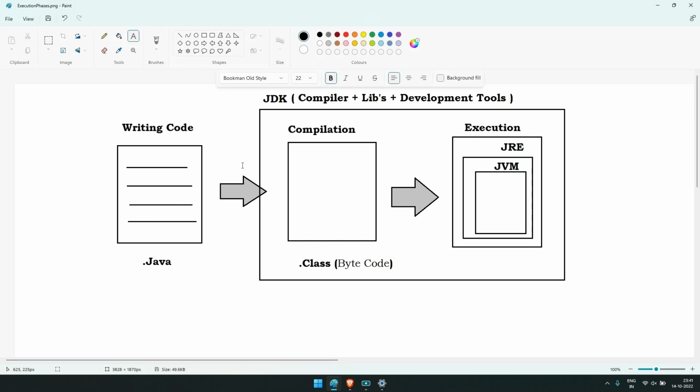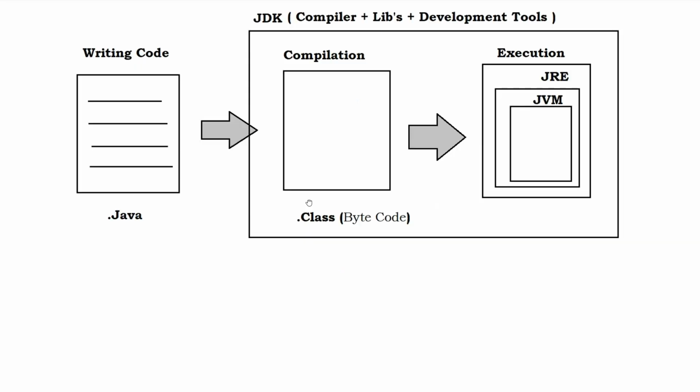By the help of it, we start writing the code, and then the second one is the compilation phase. In that compilation phase, the dot class file is generated, and after that the dot class file works as an input for the execution flow.